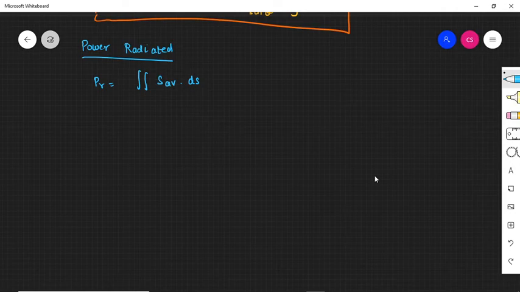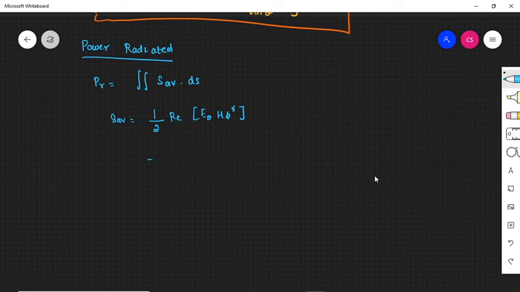So that is why we have two integrations here. And the average power is given by half of the real part of E theta into H phi conjugate. So using this, we will first find S average, and from that we will calculate the value of the power radiated.